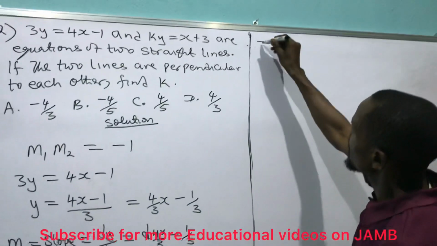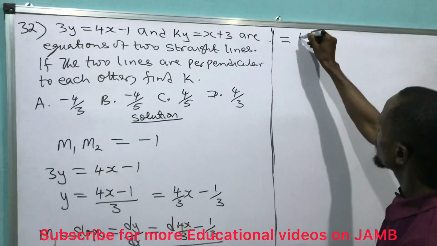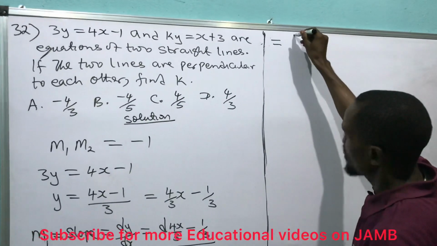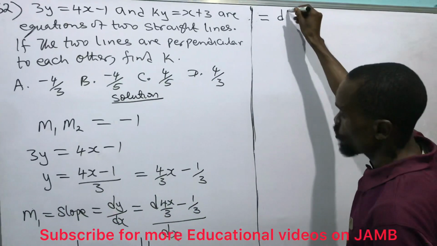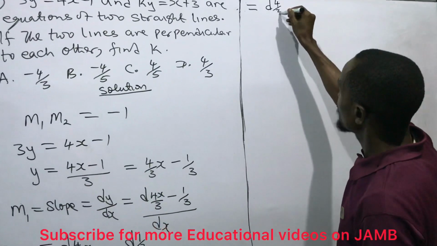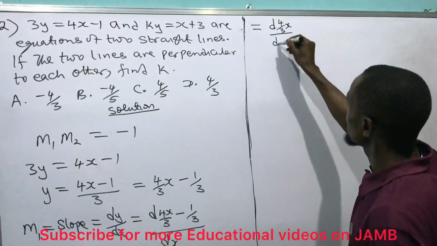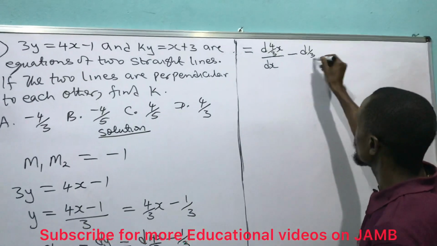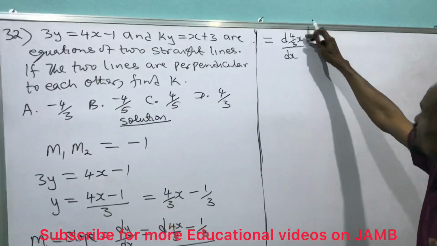Then can we come over here to finish it? The 3 comes out. Look at what we are differentiating: d(4/3 x) over dx, minus d(1/3) over dx. Now watch. This x is raised to power 1.